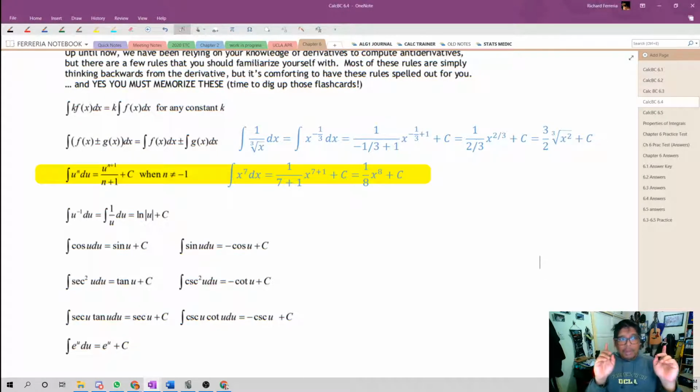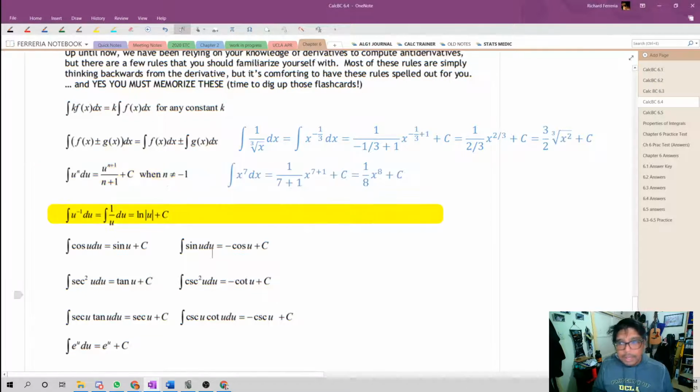Now, the one problem with the constant power rule is when you have that constant power is -1, as in the next case. Here, we have x to the -1 power, and if you think about that, when you do -1 plus 1, you get 0. And in the power rule, that would be 1 over 0 multiplied by x to the 0. Now that's not going to work.